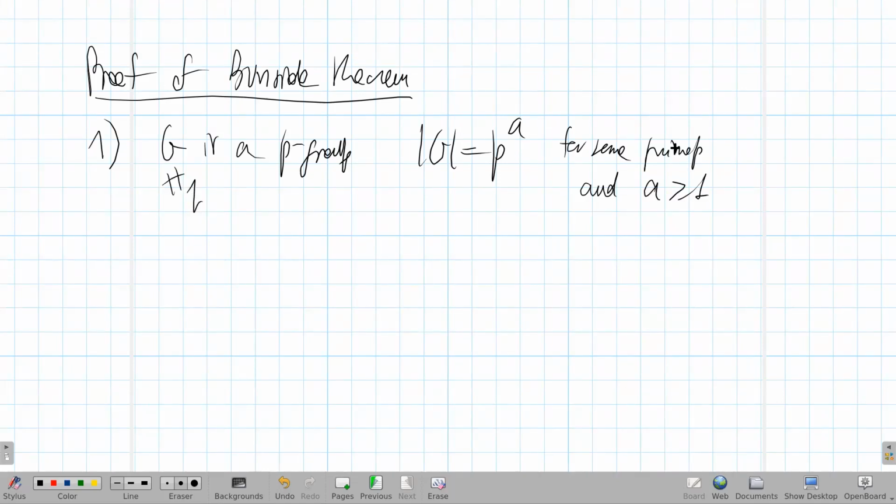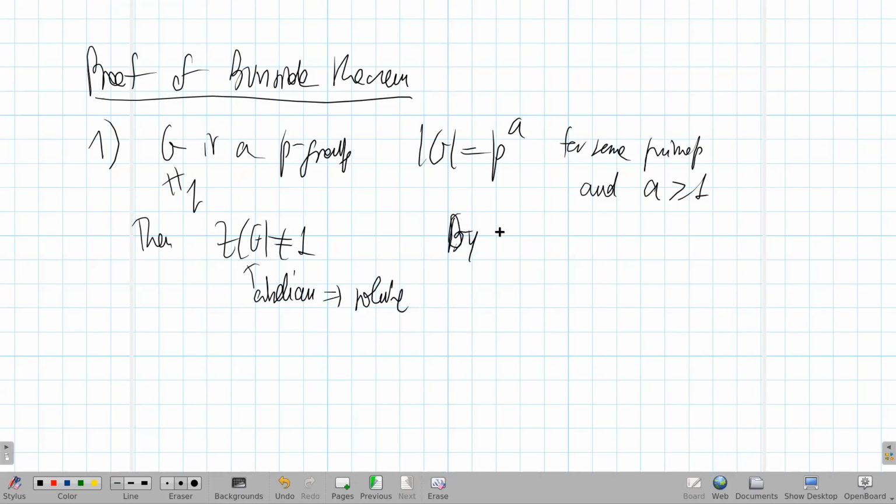that is soluble. And then you recall from the Teoria di Gruppi course that if G is a non-trivial p-group, then the center of G is non-trivial, okay? And this is abelian, hence soluble. Okay, and by induction on the order of G, G over Z(G) is soluble.